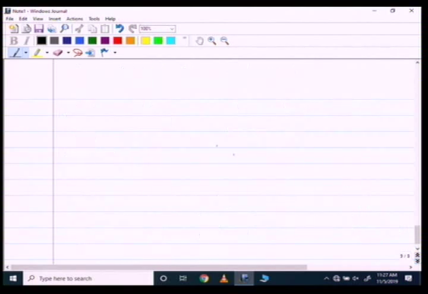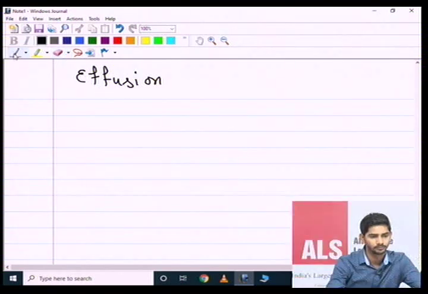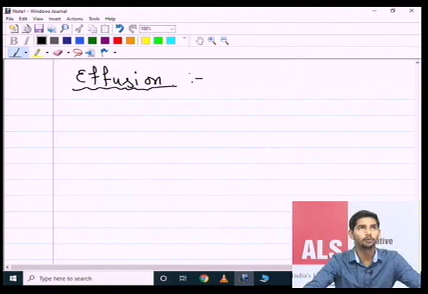Now, effusion. Can anyone please tell me what is the meaning of effusion? What do you understand by the term effusion?